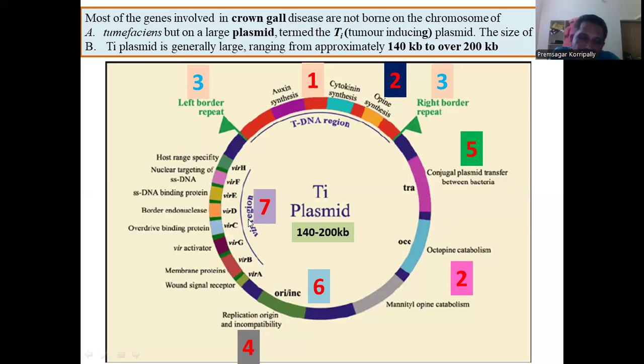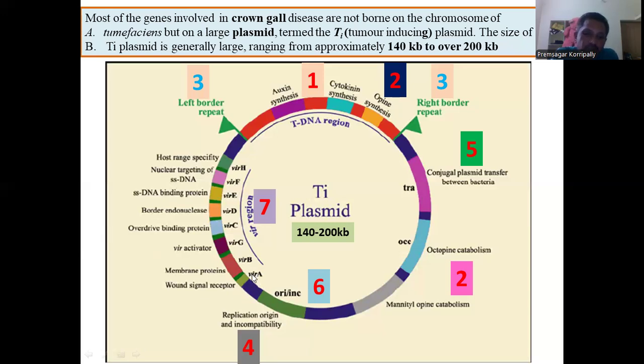So you can see VirA, VirB, VirC, VirG, VirD, VirE, VirF, and VirH. Here VirA is very much responsible for identification of wound or injury in the plant cell.